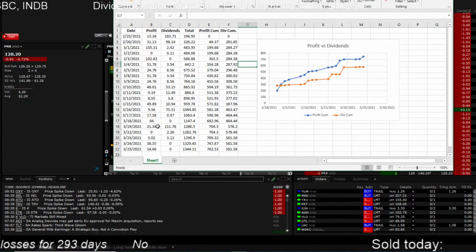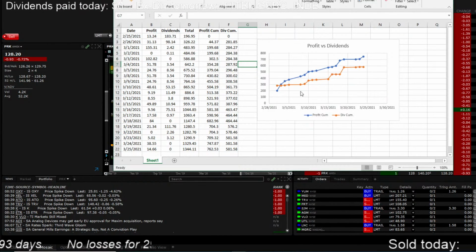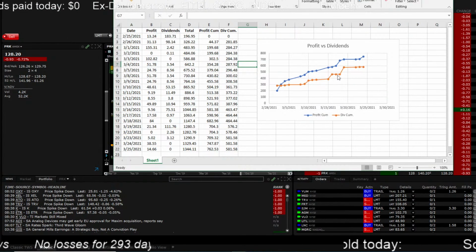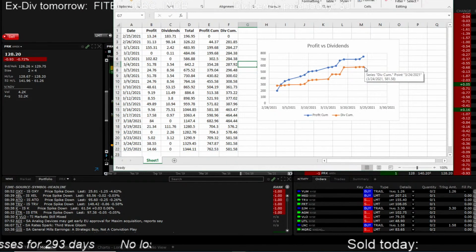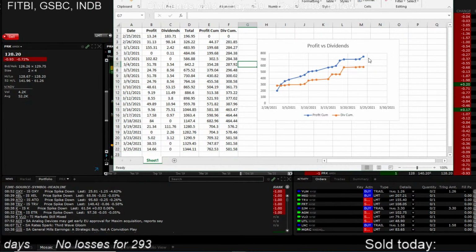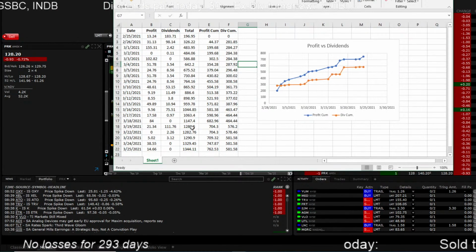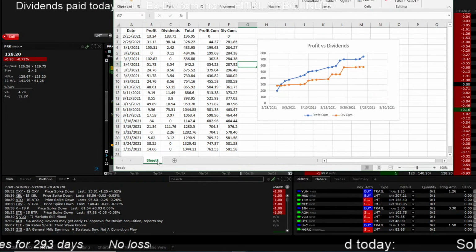Zero. We don't make any profits at all. All you have to do is look at this dividend line, this brown line. Look where it's going. Up, right? So if this is positive every month, it can only mean that your account is growing. If you're trading on top of that, you're hitting those dividend amounts.